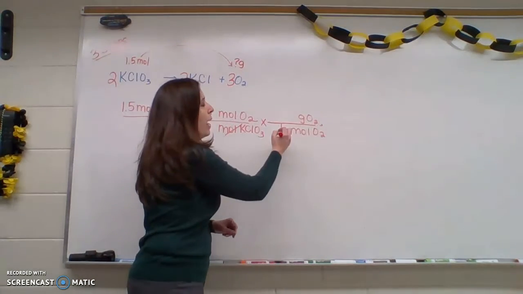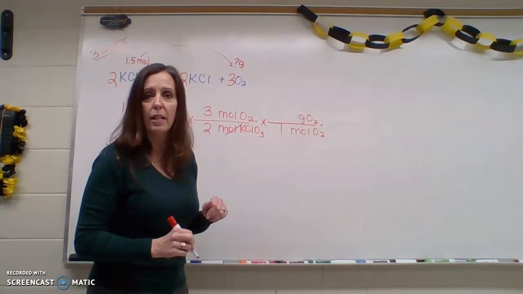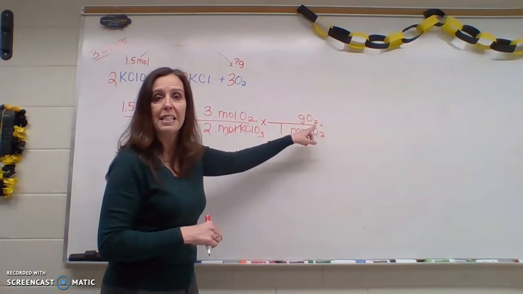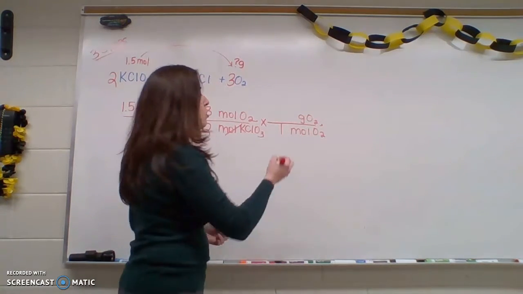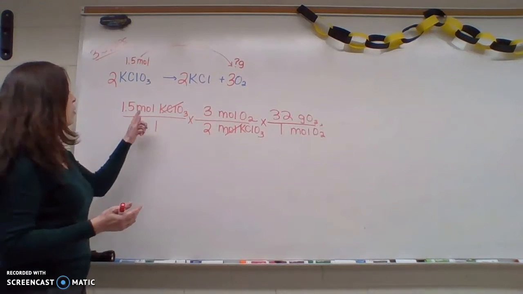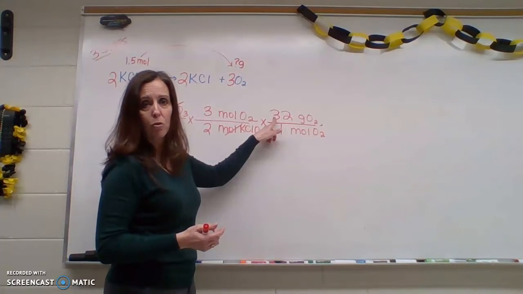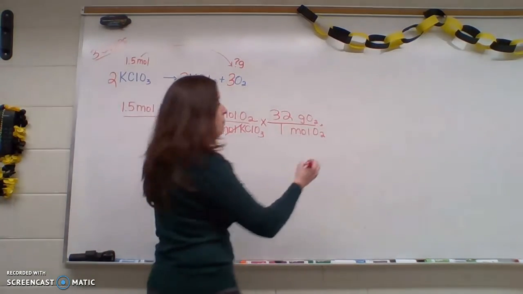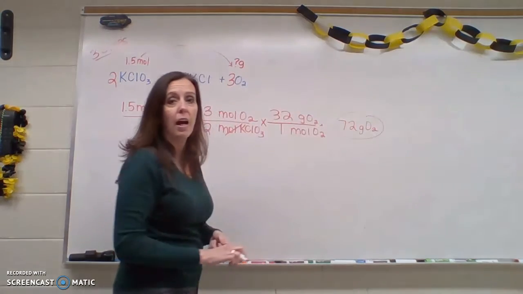And that's from our happy cloud back last semester. And grams is going to come from the periodic table. So when I look at the periodic table, oxygen has a mass of 16. But there's 2 of them there. So 16 plus 16 is 32. Now you're going to plug all of this into your calculator. 1.5 times 3 times 32 equals. Divided by 2 equals. And you should get 72 grams of oxygen.